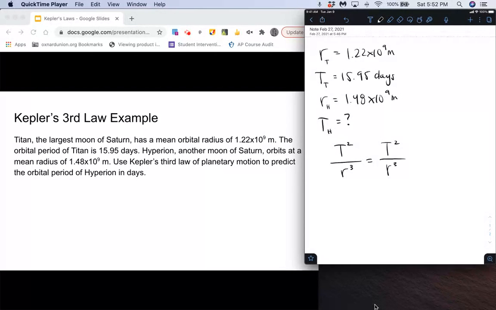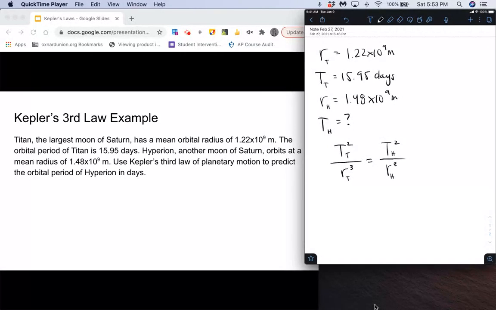Since Titan and Hyperion are both orbiting Saturn, they're going to have the same Kepler constant, which in our case is period squared over radius cubed. You can also make this radius cubed over period squared equals radius cubed over period squared. Same thing. It doesn't really matter. Okay. Now I'm going to make this one Titan, the first one, and then the second one will be Hyperion.